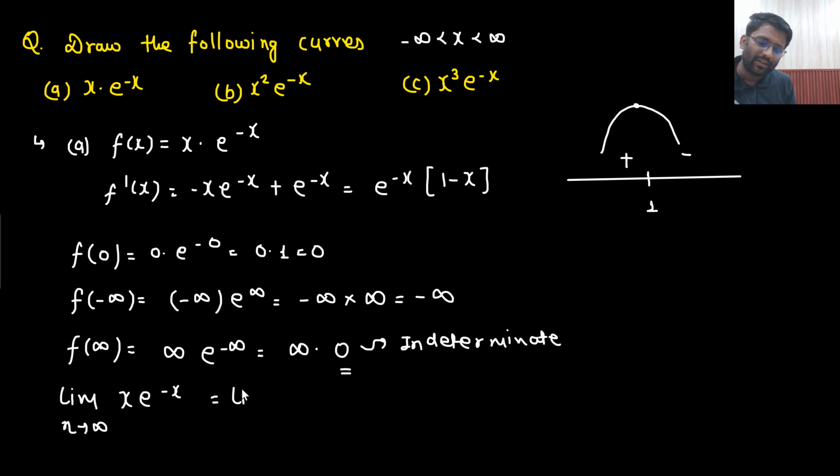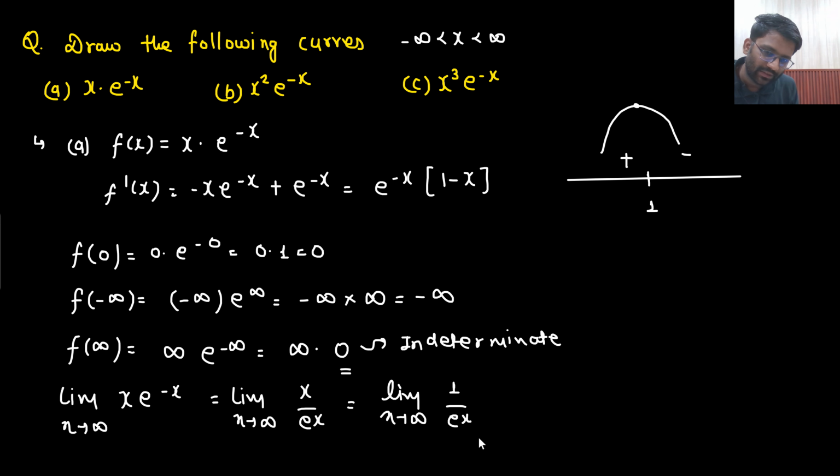I will make it infinite by infinite form, x divided by e to the power x, right? So what I will get? L'Hopital I can apply now. Limit x tending to infinity, upper side differentiation, downward side differentiation, 1 by infinity will be 0. So value is going out to 0, right? So how the graph would go? This is how the graph would go.